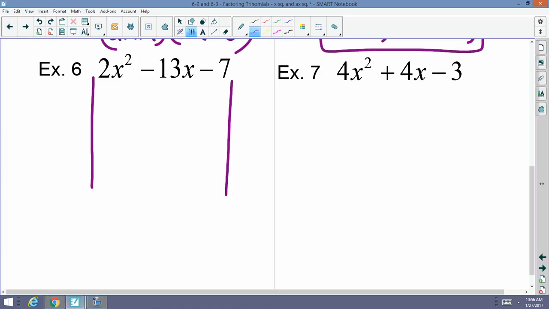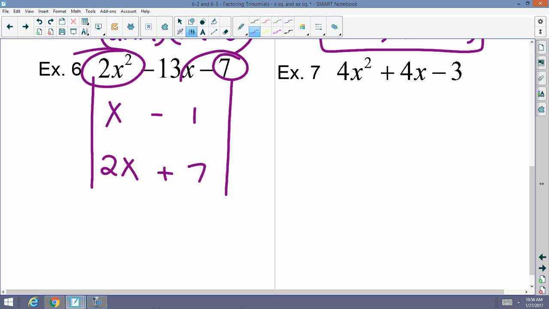Guys, what are some possible factors of 2x squared? 1x times 2x. Okay, good. Now, what are some possible factors of negative 7? Okay, negative 1 and 7. Now, you ready?